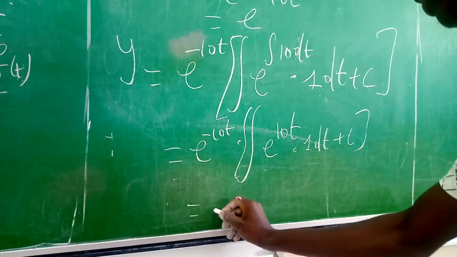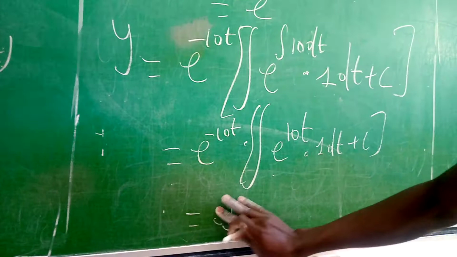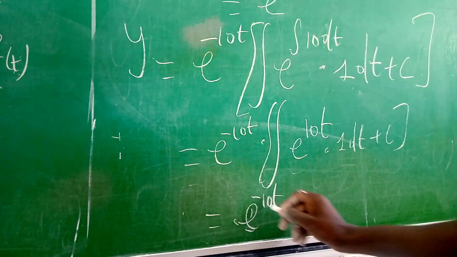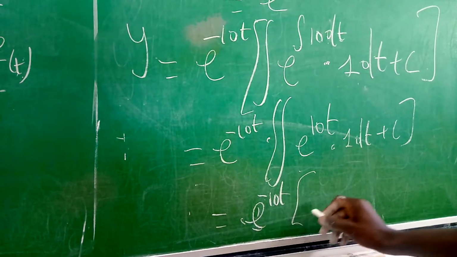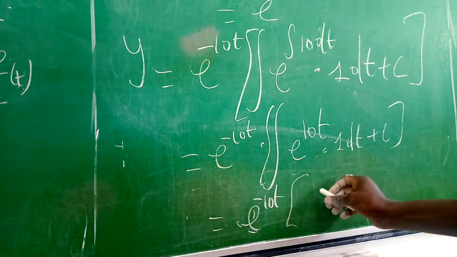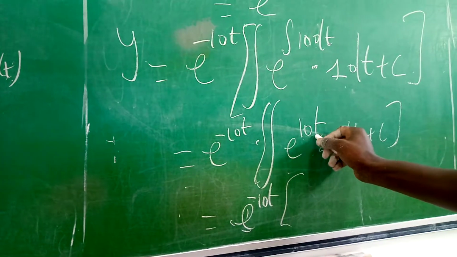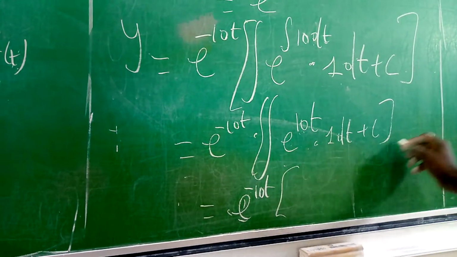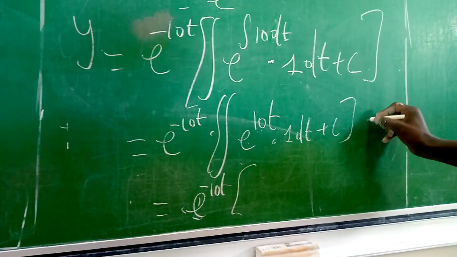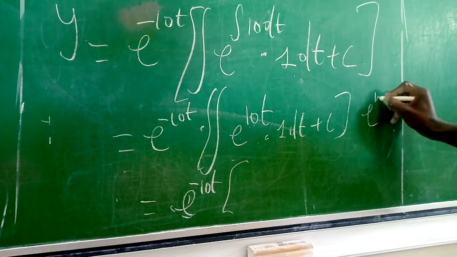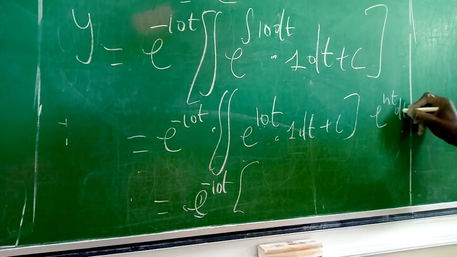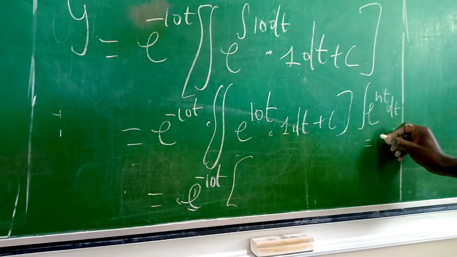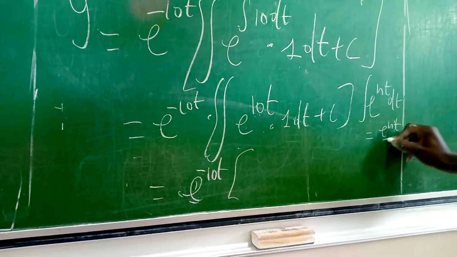Then this will give us the solution equal to e power negative 10t times the integral of e power 10t, and then we know that we can use this equation: the integral of e power nt is equal to e power nt over n.